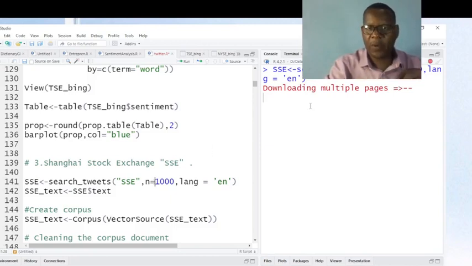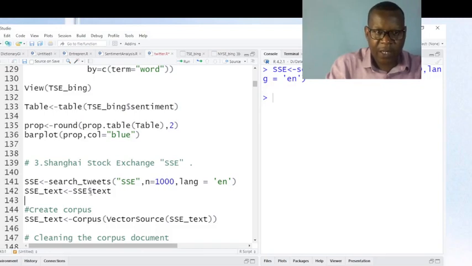You see, I'm collecting tweets from the Shanghai Stock Exchange to analyze the sentiment expressed in those tweets, to analyze the sentiment indicated by each term used in these tweets. As you can see here, tweets from the Shanghai Stock Exchange are being downloaded onto the computer.